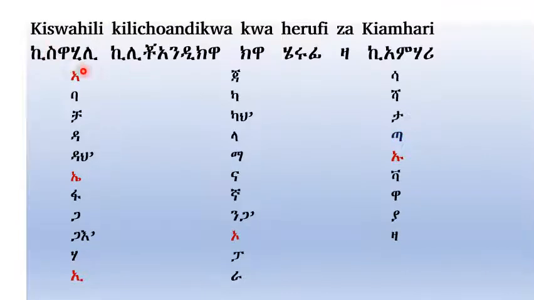Kiswahili kilichoandikwa kwa herufi za Kiamharic. A, ba, cha, da, e, fa, ga, ha, i, ja, ka, la, ma, na, nya, nga, o, pa, ra, sa, sha, ta, u, va, wa, ya, za.